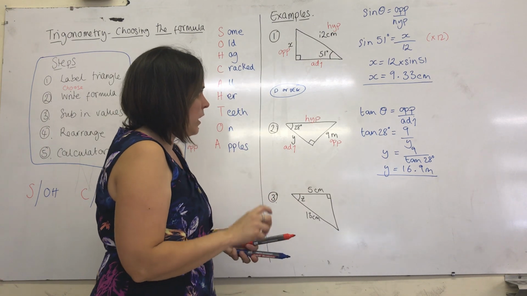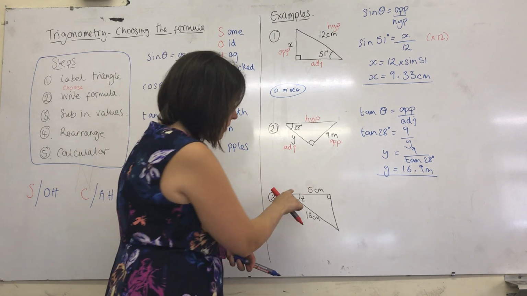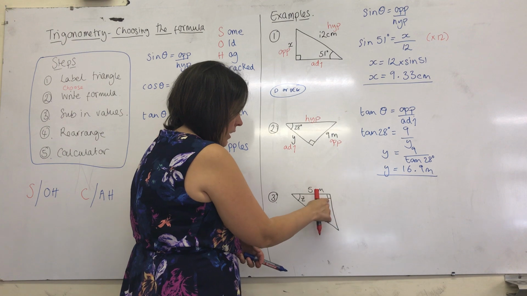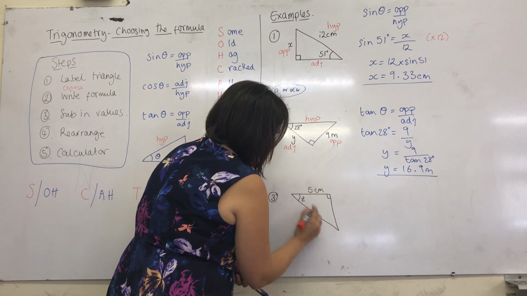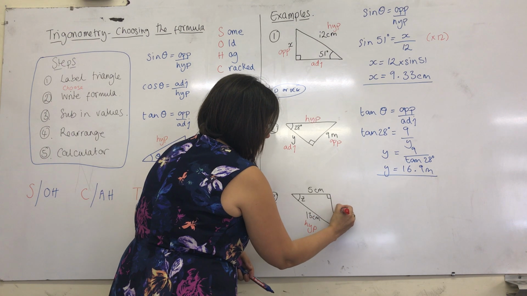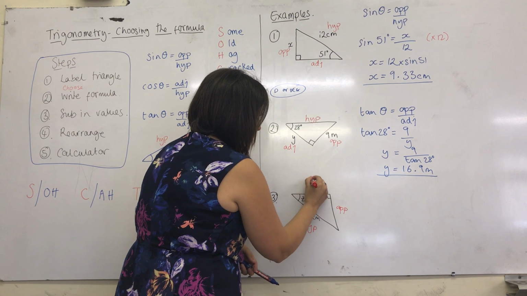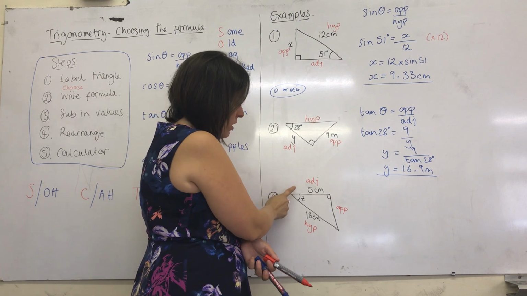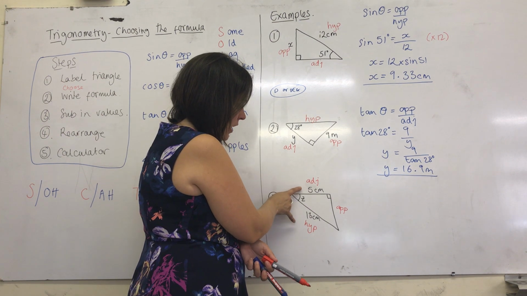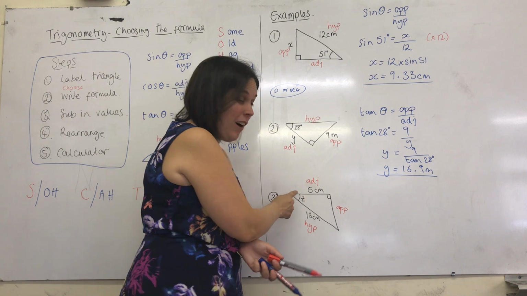Last example then, we're going to label up the sides. So, there's your 90 degree angle, this is your hypotenuse, there's your angle, that's the opposite, and therefore that must be the adjacent. Now look at this one, we've got both the adjacent and the hypotenuse, and we're finding an angle.